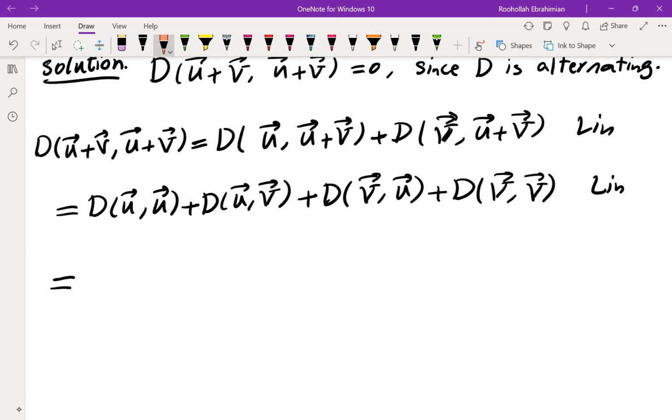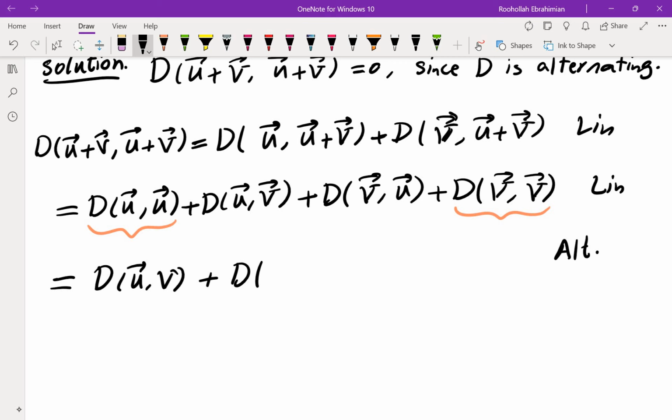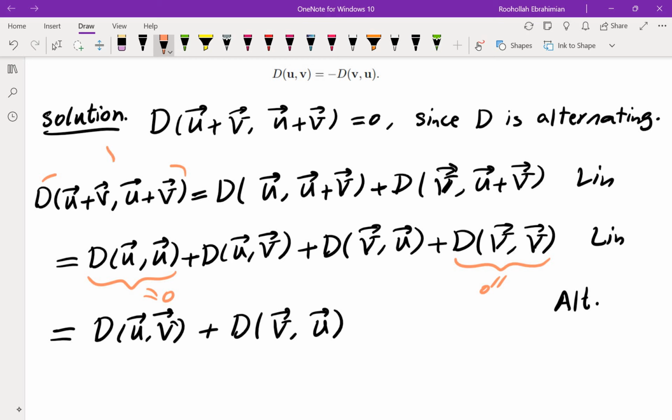Now if you look at the first and last terms, d of u comma u and d of v comma v, these two are 0 by the fact that d is alternating. So what remains is d of u comma v plus d of v comma u, and the left-hand side we just showed is 0. So what does that mean?